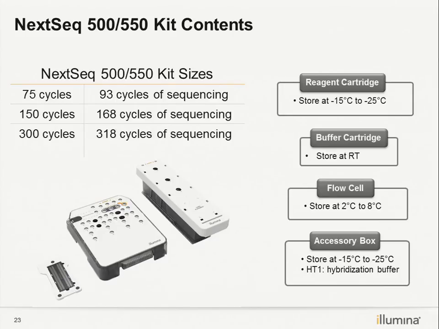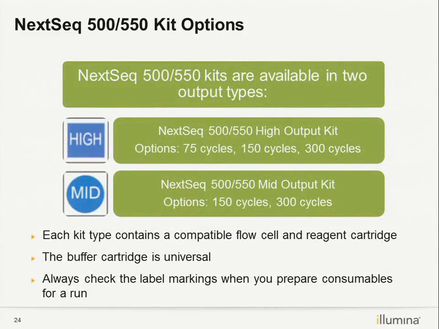So make sure you use the correct kit and the correct cycles for your sequencing. And for the flow cell and the cartridge, we will have a label, either high or mid. But it's always a good practice to check by yourself as well every time.